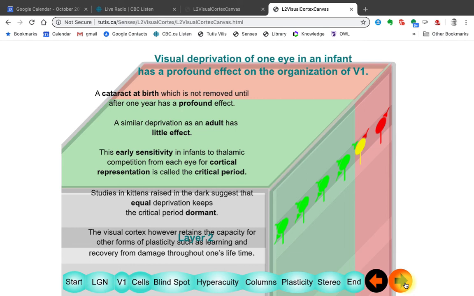So if you lived in a completely dark environment, these cells would remain in their native state. The cortex would remain binocular, as at birth, and the columns would not be taken over by one eye or the other eye.